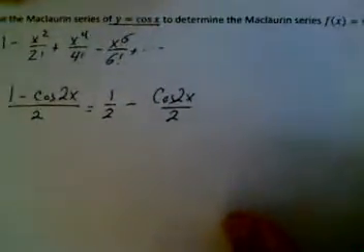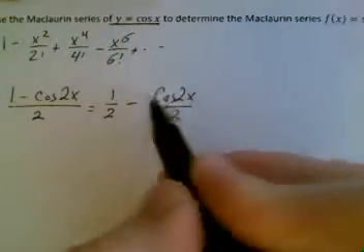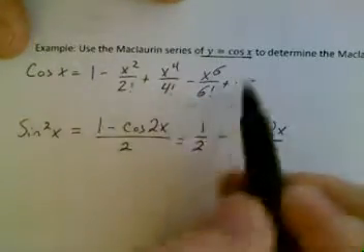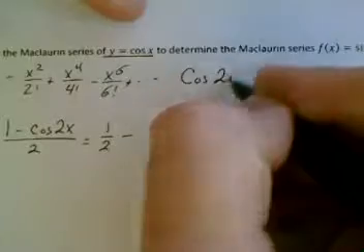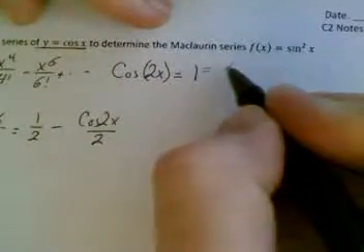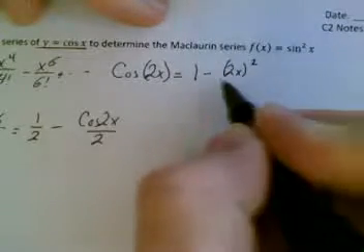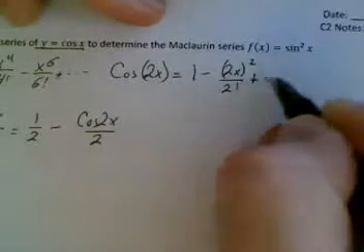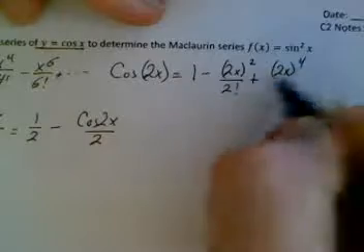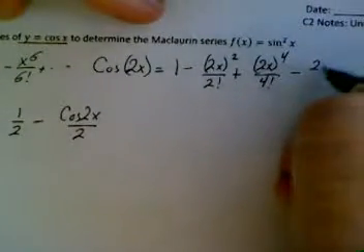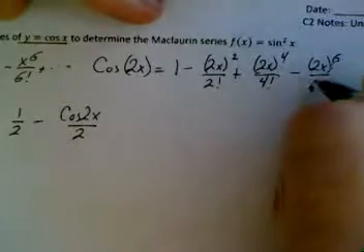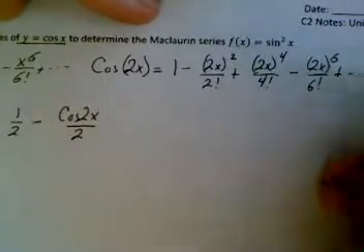And if I look at cosine of 2x, that means I'm going to take all of the x's in here and replace them with 2x. So the cosine of 2x is really equal to 1 minus 2x quantity squared divided by 2 factorial plus 2x to the 4th divided by 4 factorial minus 2x to the power of 6 divided by 6 factorial plus dot dot dot and so on and so forth.